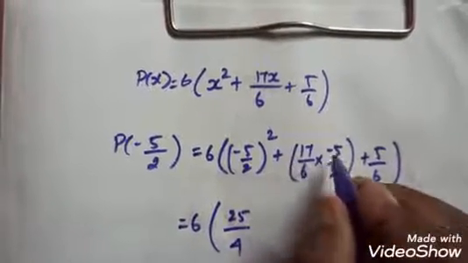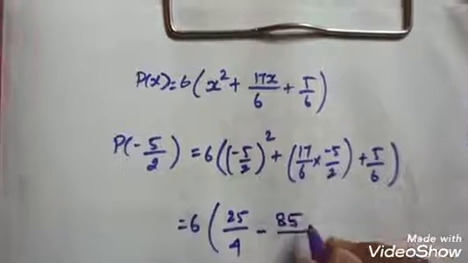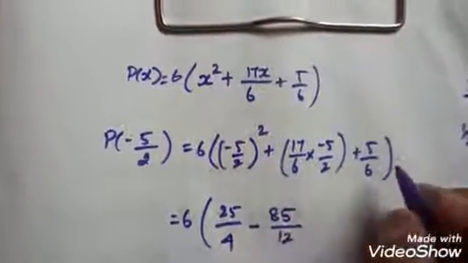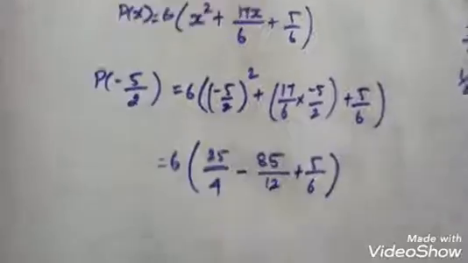So plus into minus minus, 17 5s are 85 divided by 6 2s are 12. So we get plus 5 by 6.